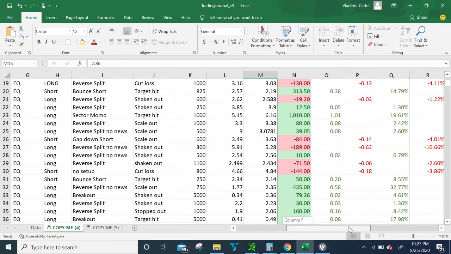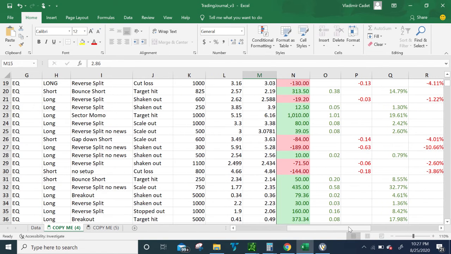Then I have other plays that I'm making tons of money in, but until I started eliminating the breakout plays, that's when everything started switching. So hopefully this will help you guys on your trading career, your trading journey.